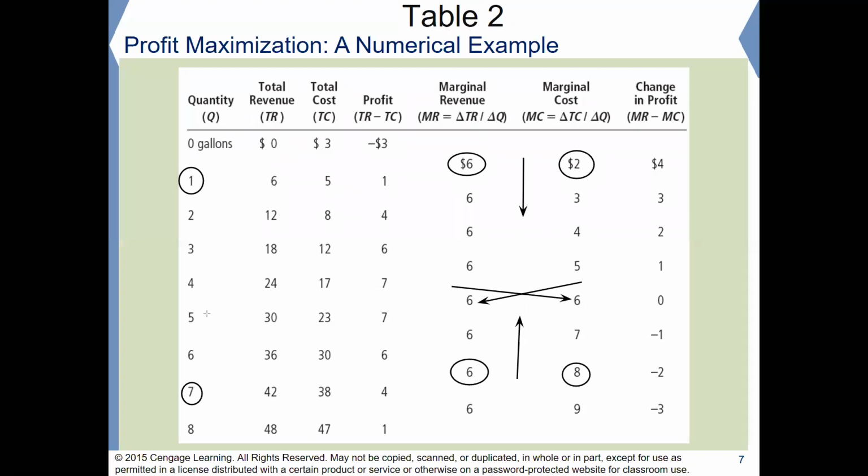If they produce 5 units, they will sell for total revenue 30, and their cost will be 23. And in that case they will have the profit 7. If they produce more units, you can see the profit will go to 6. If they produce fewer units, their profit will also go to 6. So this is the best point.